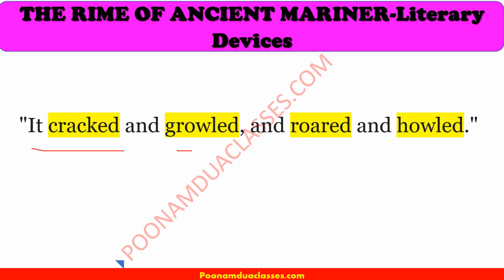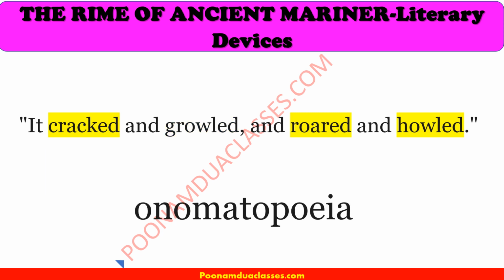It cracked and growled and roared and howled. What is this? किसी तरीके के sounds लग रहे हैं? Let us see which literary device it is. Onomatopoeic words are the sound words. Crack, growl, roar, howl.